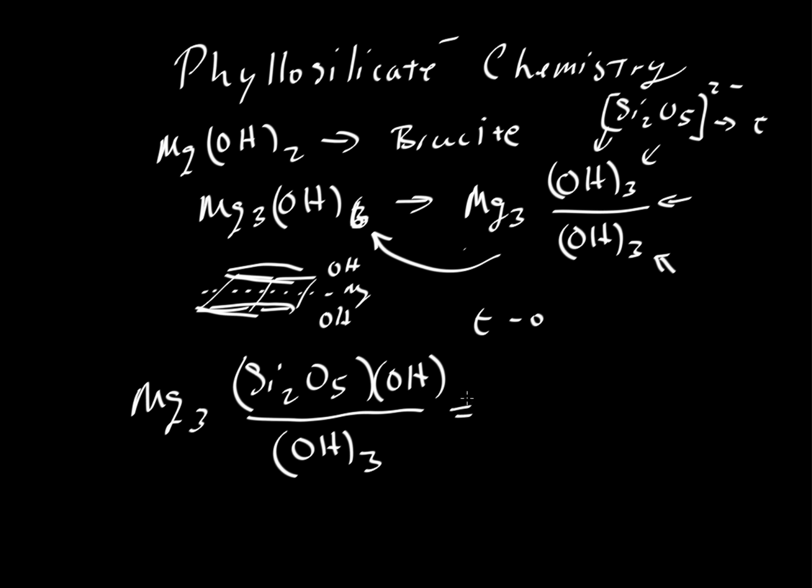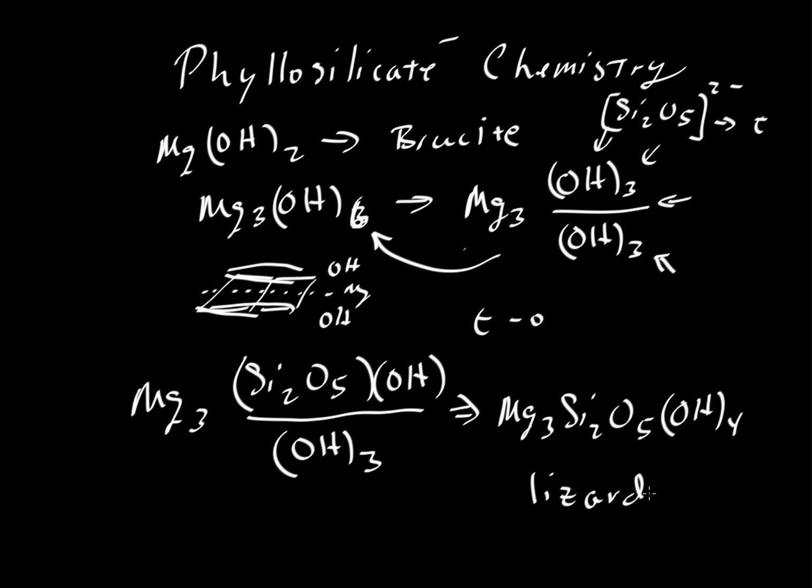If we rewrite that in a more standard notation, we would have Mg3Si2O5(OH)4, and that would be the formula for a mineral called lizardite. And this is the start of at least one kind of TO structure.